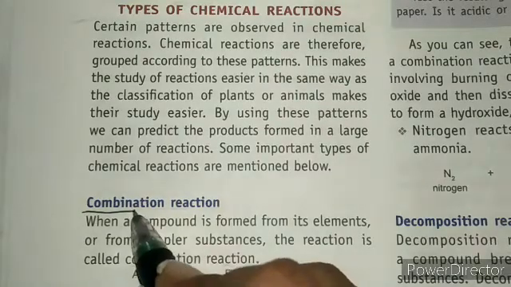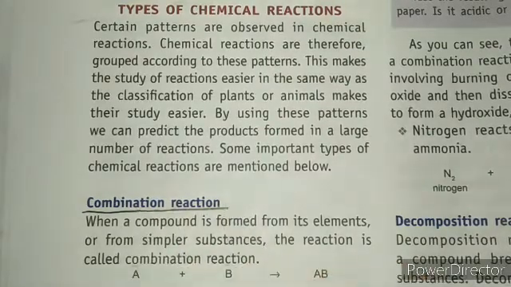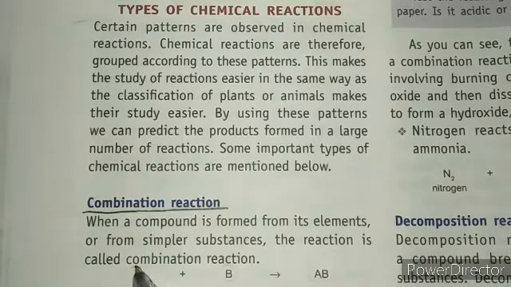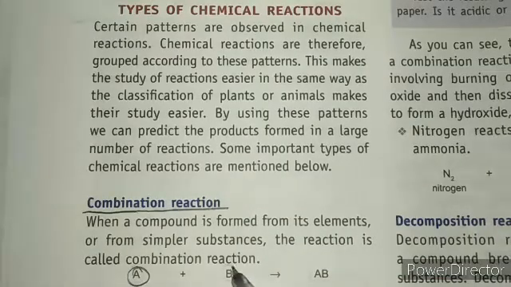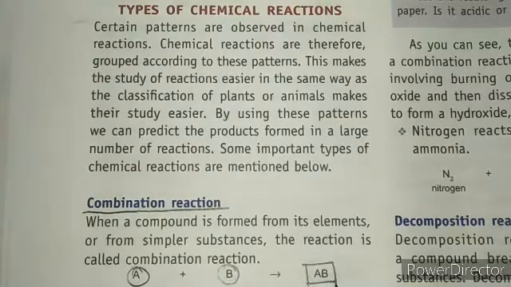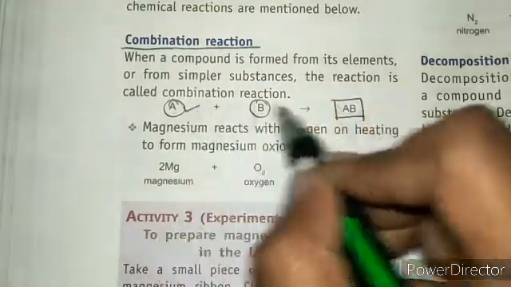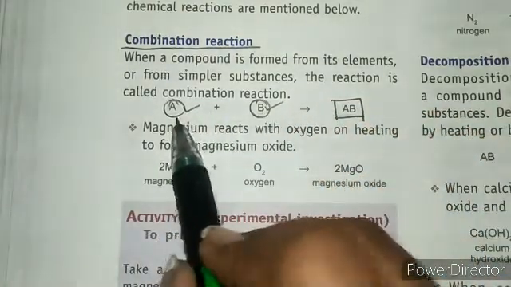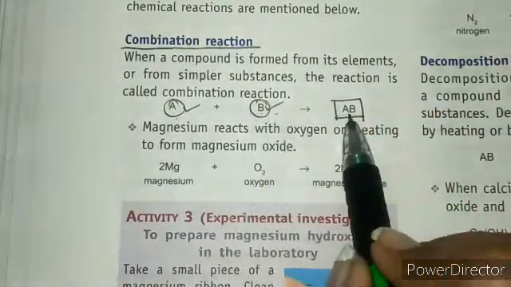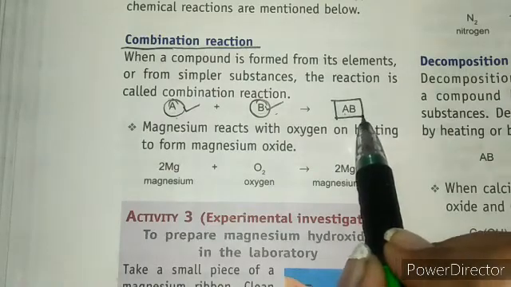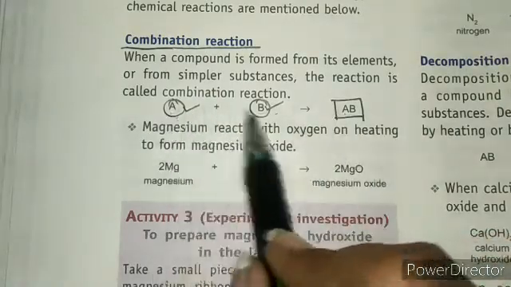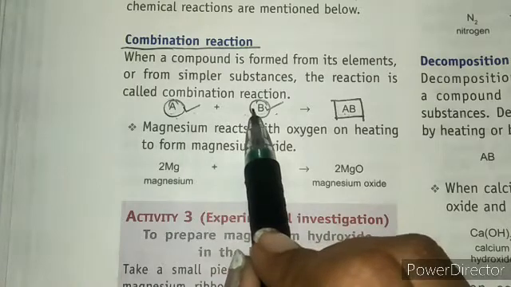So what is a combination reaction? In which two different substances or compounds combine to give one product. So here two different compounds were there, A and B, but the combination we have is AB, that means both are combining in this reaction.